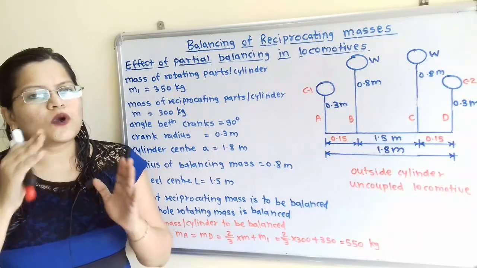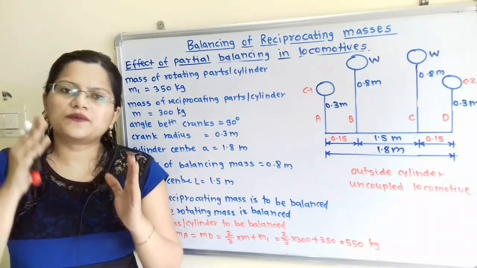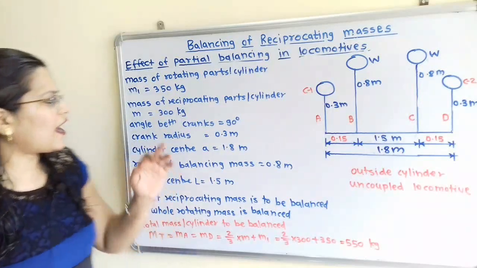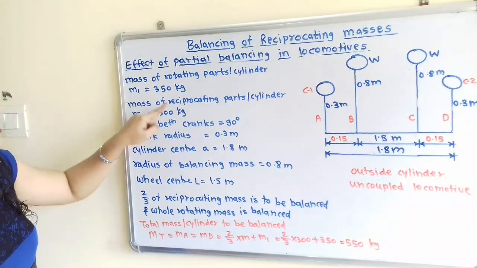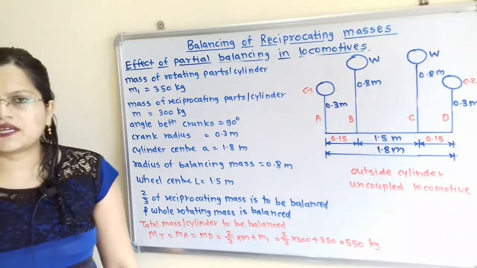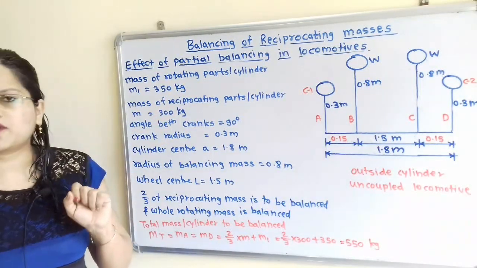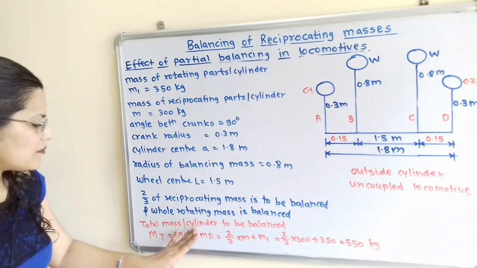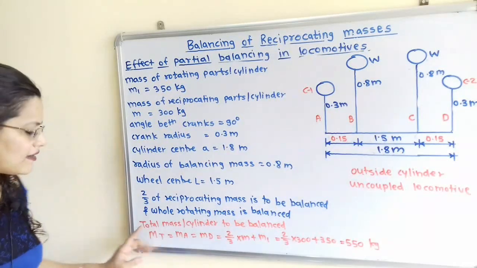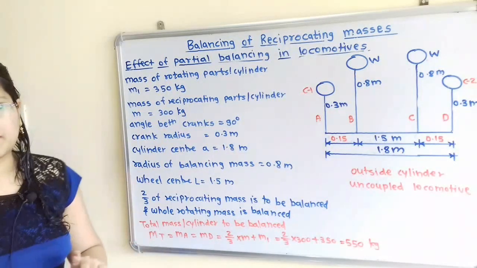So what is the total mass to be balanced per cylinder? So we have to add this reciprocating as well as rotating mass, but we have to consider 2 by 3 portion of this reciprocating mass. So total mass per cylinder to be balanced, we will use here notation M.